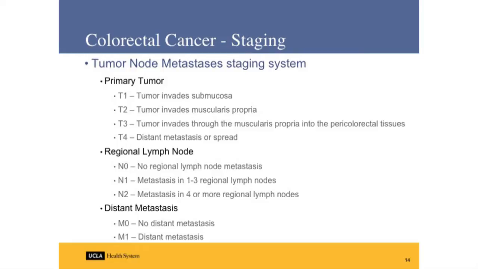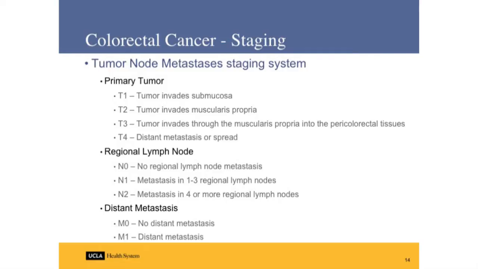For colorectal cancer, T1 is when the tumor invades the submucosa. T2 is when the tumor invades the muscular layer. If it goes beyond the muscular layer into the areas that surround the colon, it's a T3. And if it has distant spread, then it's a T4.